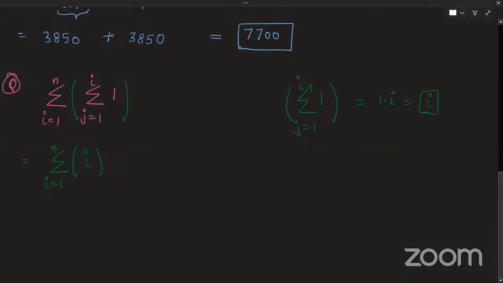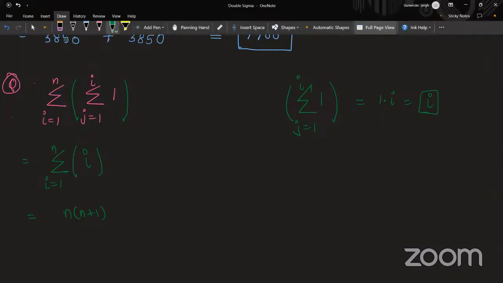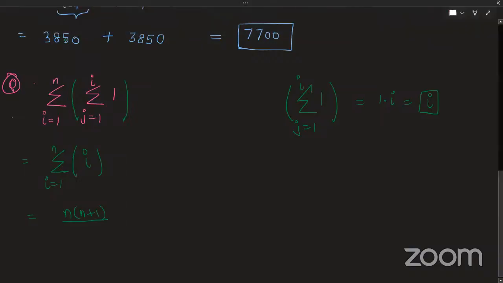So tell me, what is sigma of i from 1 to n? It will be n into n plus 1 by 2, right?